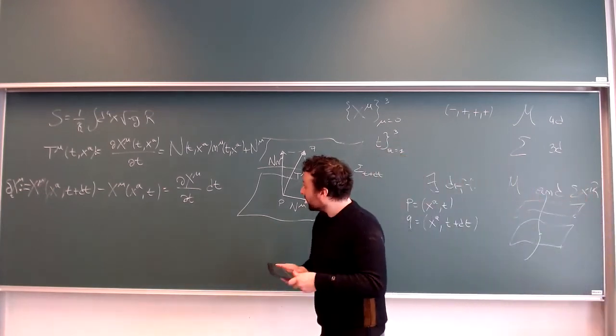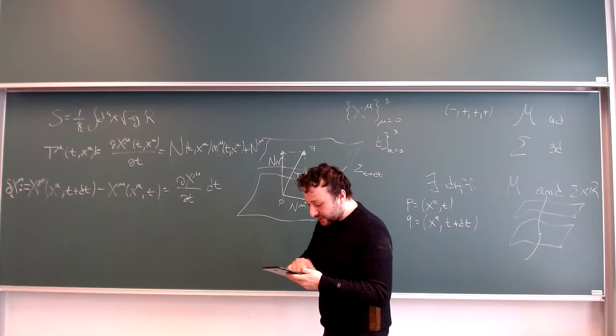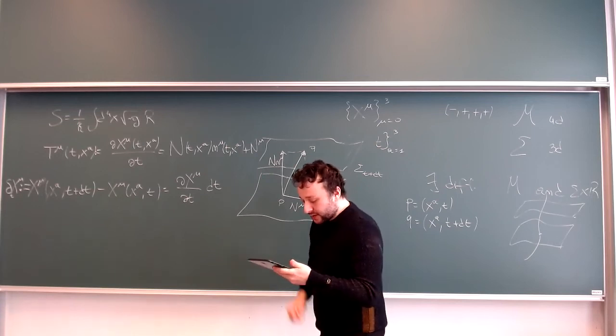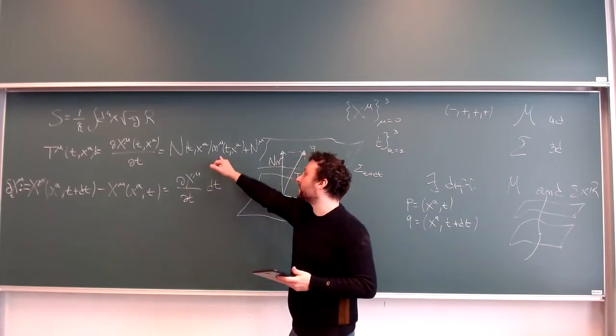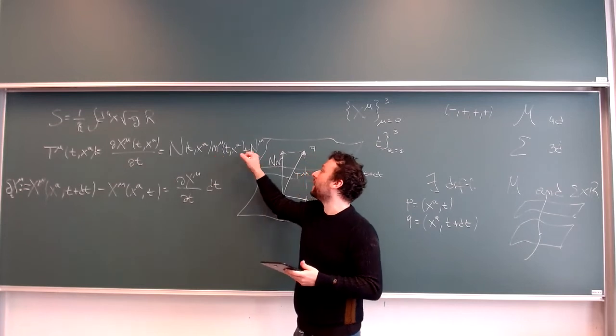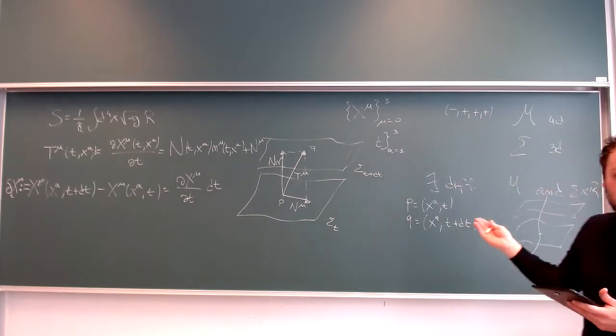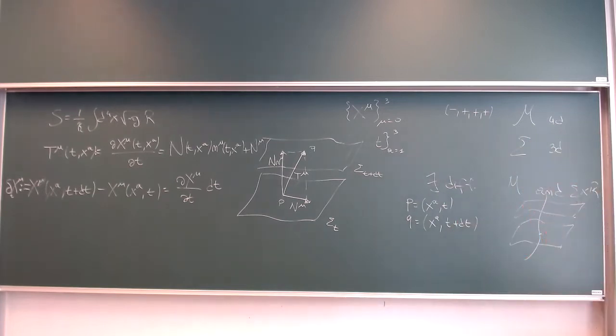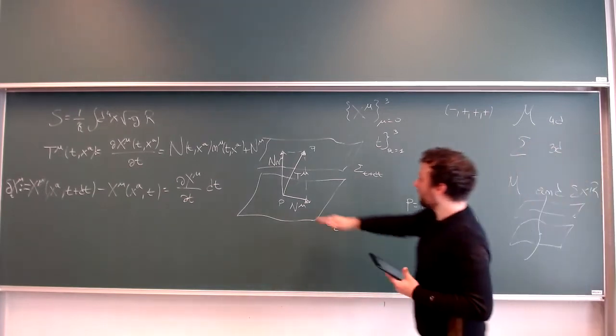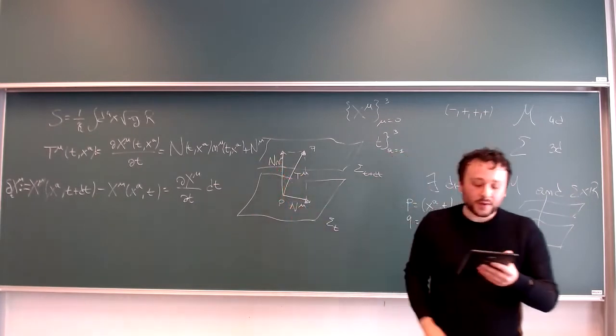Actually there are many properties of this. One property is that n^mu, little n and capital N are orthogonal with respect to the metric g_mu nu, because in this sense they are orthogonal.